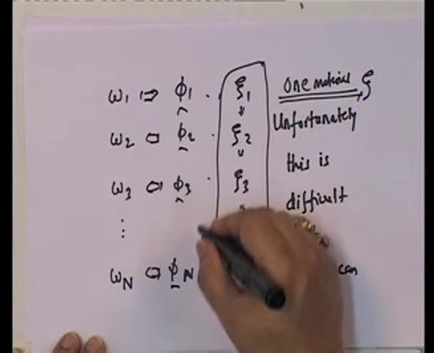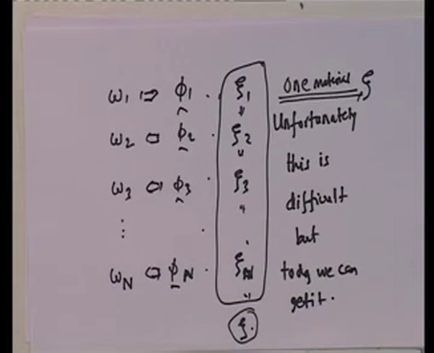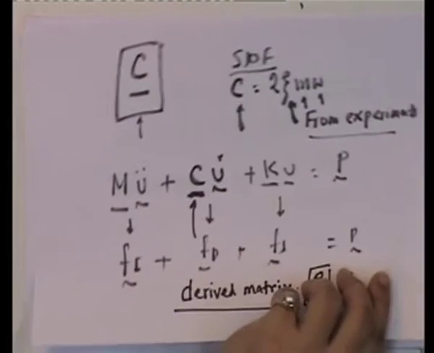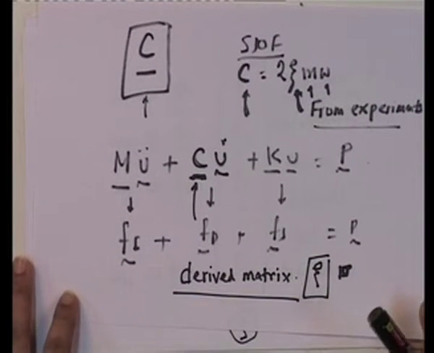I know the xi and I can put that xi in every mode. So damping is being incorporated, only problem is it is being incorporated in every mode, and how does that help me?